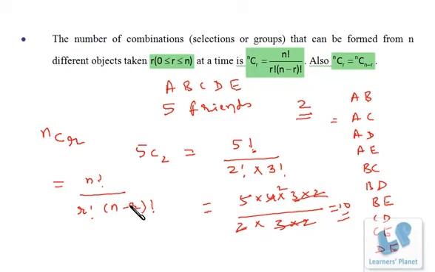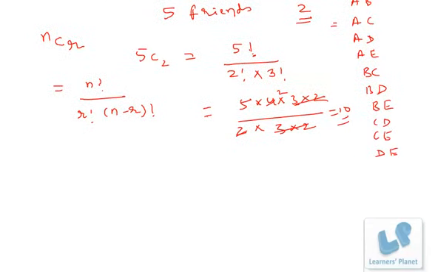You just memorize this formula, that is nCr is equal to n factorial by r factorial into n minus r factorial, right? So this is the selection only, right? So this is the first thing.